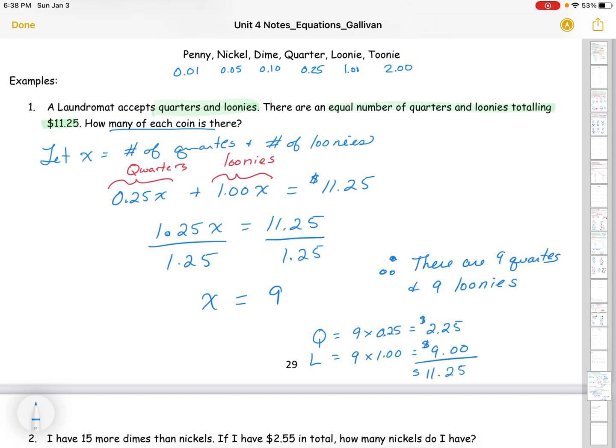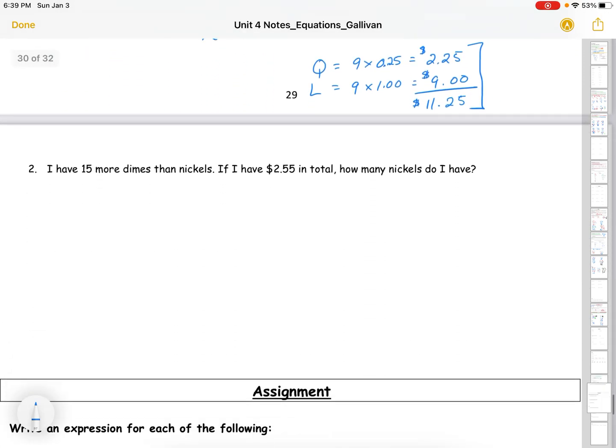If you add that up, you'll get 11.25. But this is how many of each coin there is, not how much money there is in coins. So 9 is actually our answer. Alrighty?